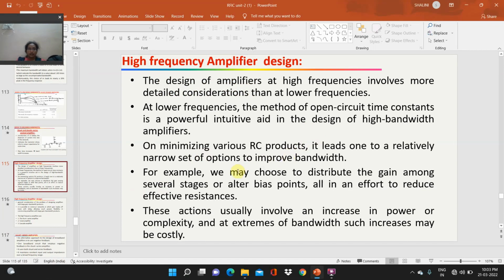For example, we may choose to distribute the gain among several stages or alter bias points, all in an effort to reduce effective resistances. These actions usually involve an increase in power or complexity, and at extremes of bandwidth, such increases may be costly.